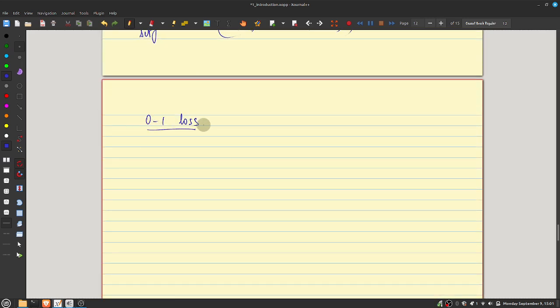In case of the 0,1 loss, what is R of H equal to? I'm saying that it is expectation of indicator function H of X not equal to Y, correct?